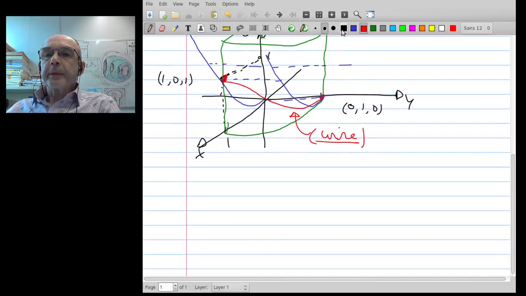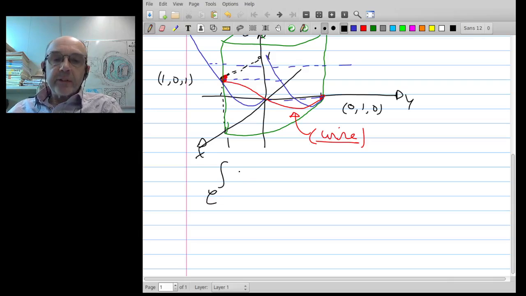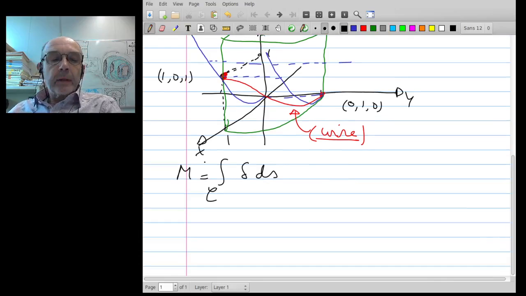Now, what is asked of us is to integrate that mass density over that curve. This gives you the mass. And what can we do?